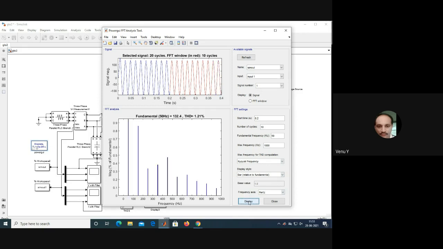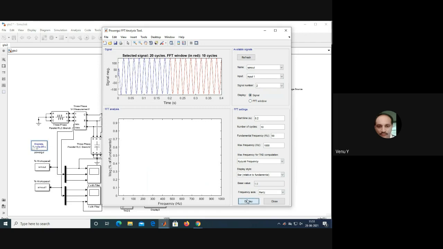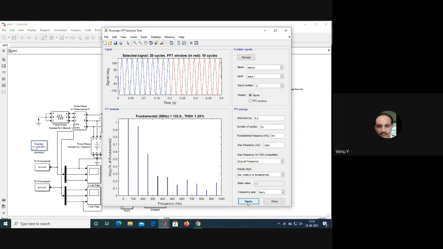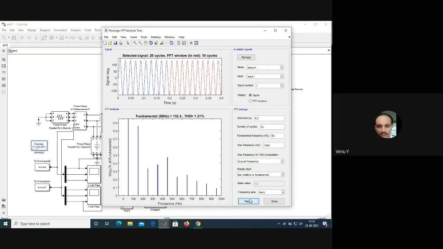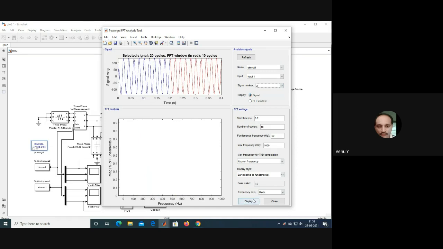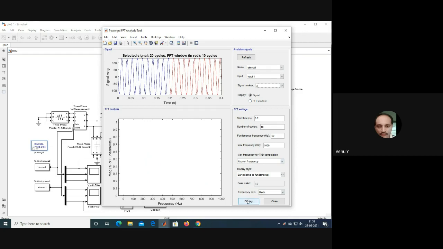Okay, display 1.21. Second phase 1.24, 1.14. These are the current waves. Sim output 1, 1.21, 1.24, 1.24. This is about filter, FFT analysis with filter.